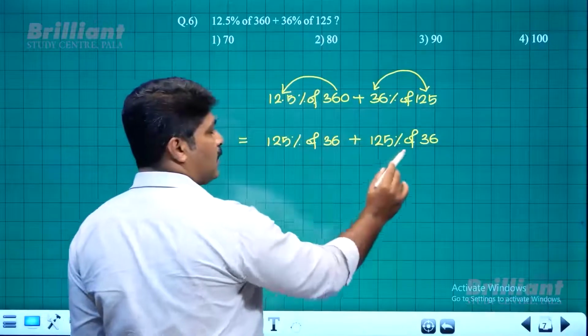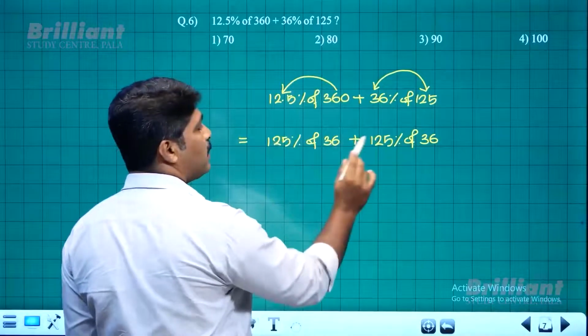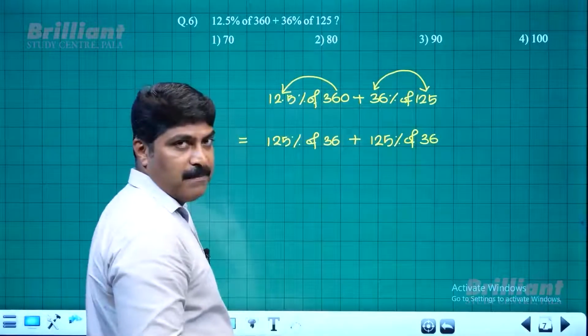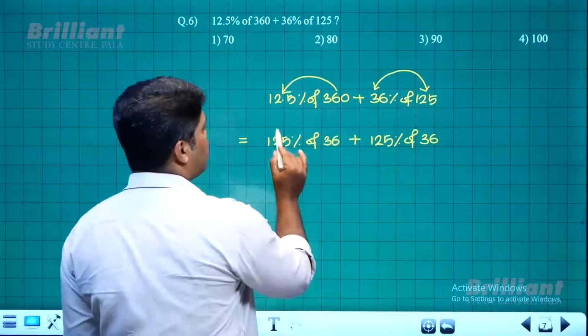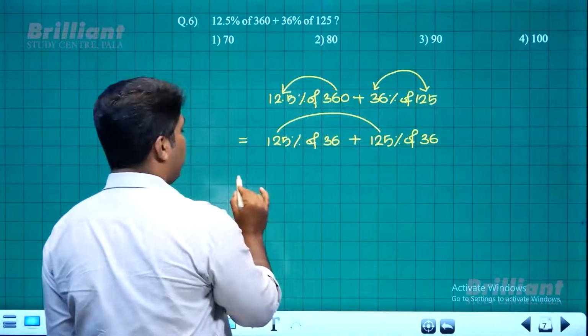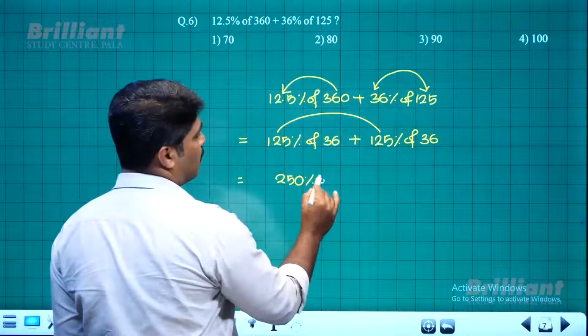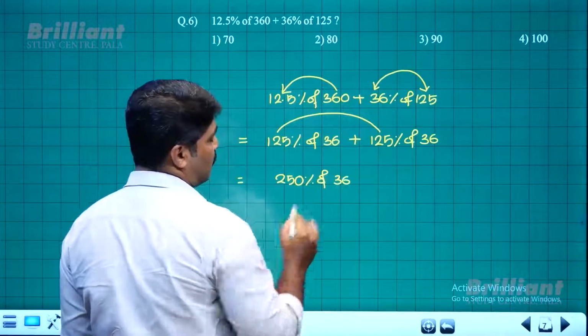Here, both the bases are the same, both the percentages are the same. You just add one among them. So I am considering 125 and 125, I am adding them. So that is 250% of 36.